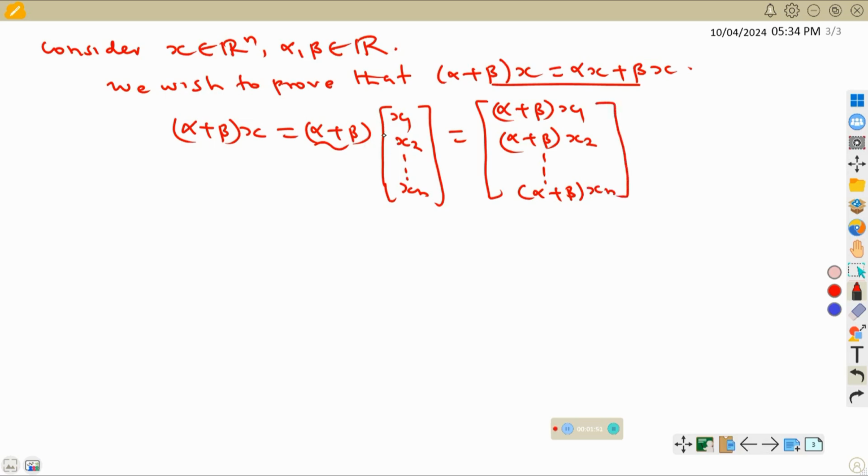So if I have this, I can easily expand that as alpha x1 plus beta x1, alpha x2 plus beta x2, and the same up to alpha xn plus beta xn.